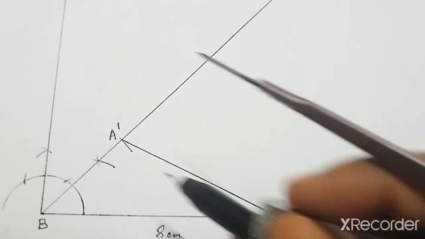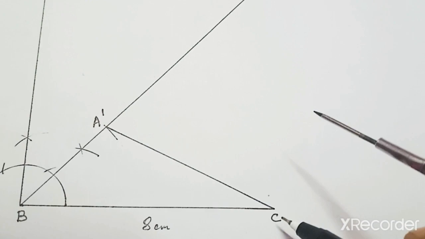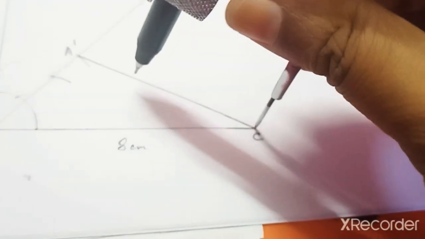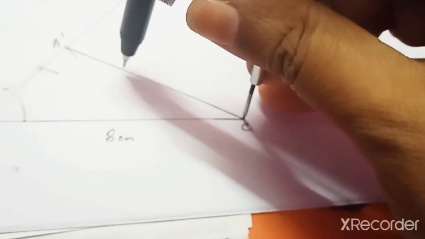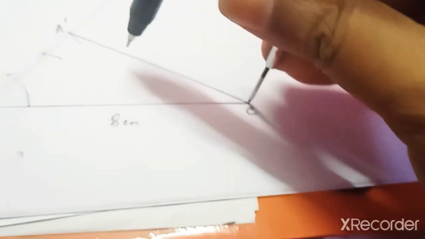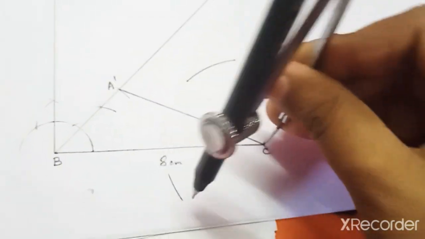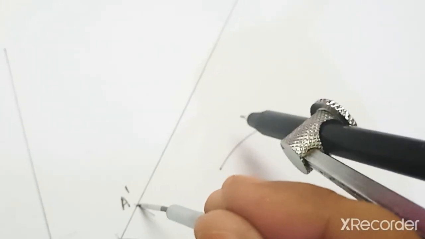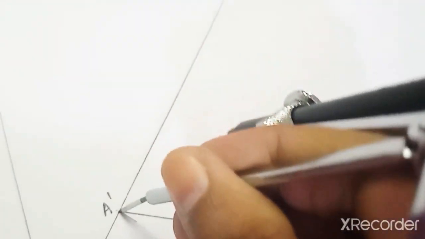Okay, now we will take the perpendicular bisector of this A dash C side. To draw the perpendicular bisector, take more than half as a radius, and then from point C we will make 2 arcs, and then from A dash also we will make the arc.